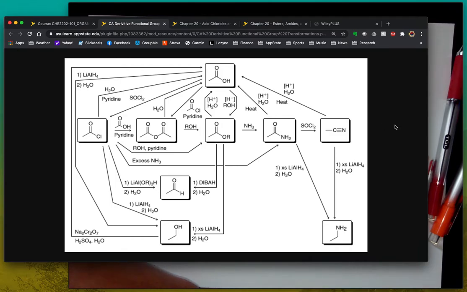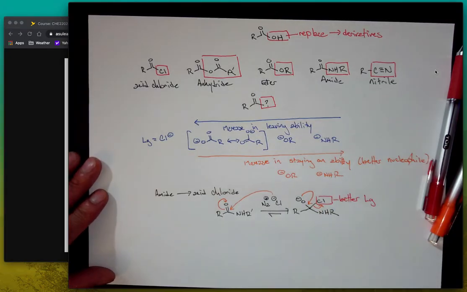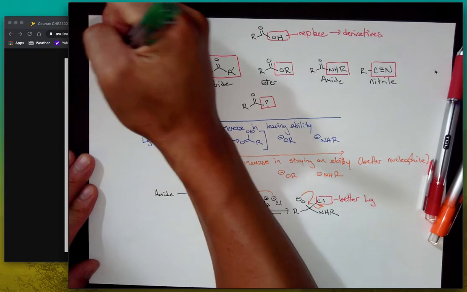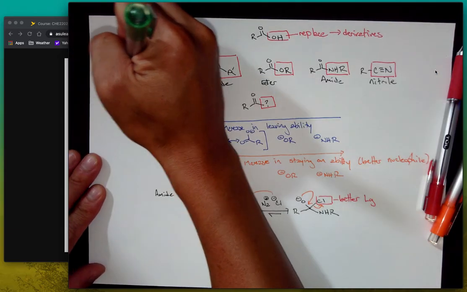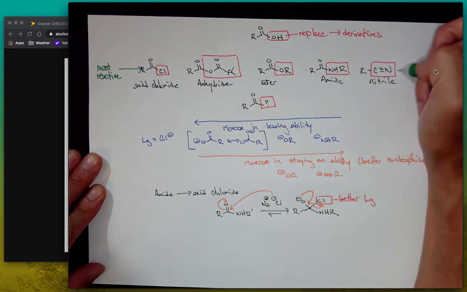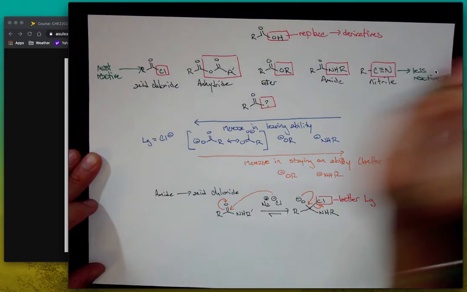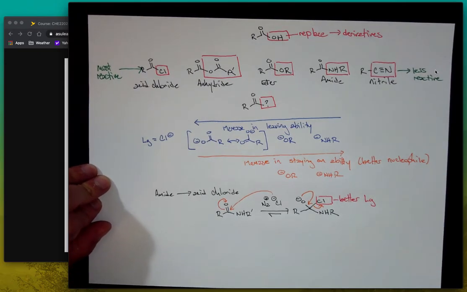And so what you learn from this chart, and certainly there's a lot going on here, is these are the most reactive species, and they become less and less reactive as we progress from left to right through these carboxylic acid derivatives.